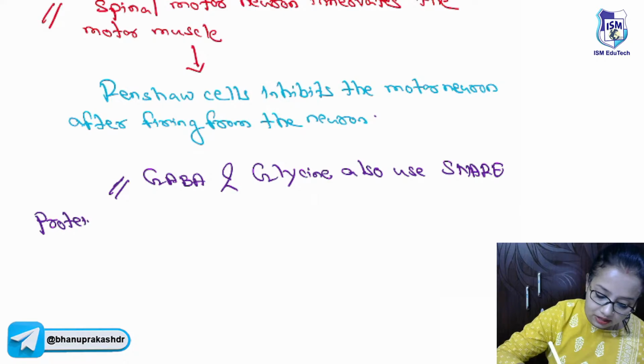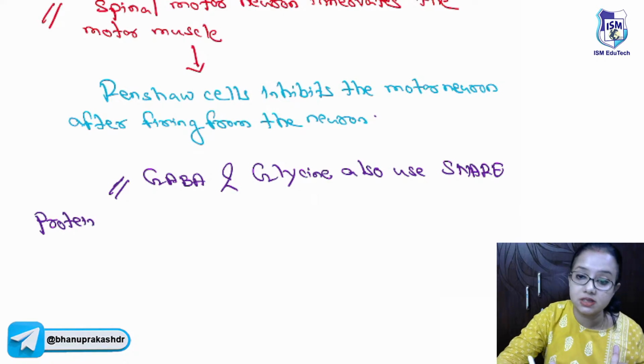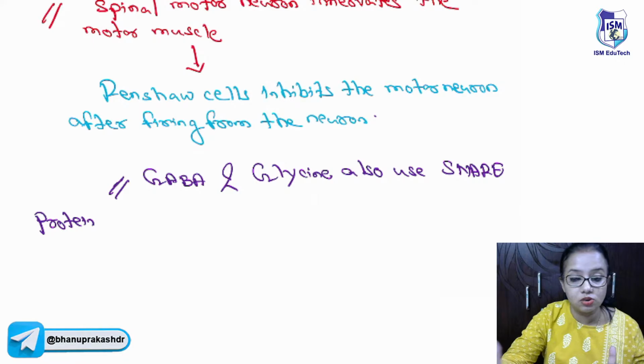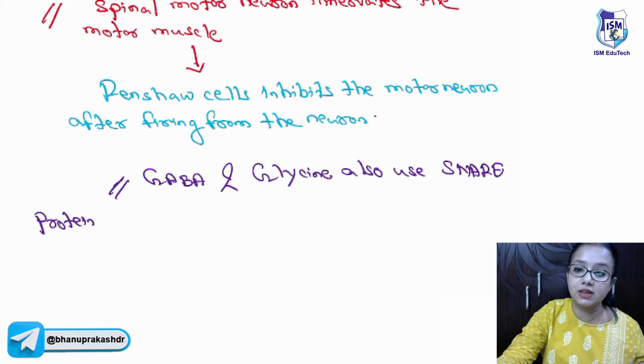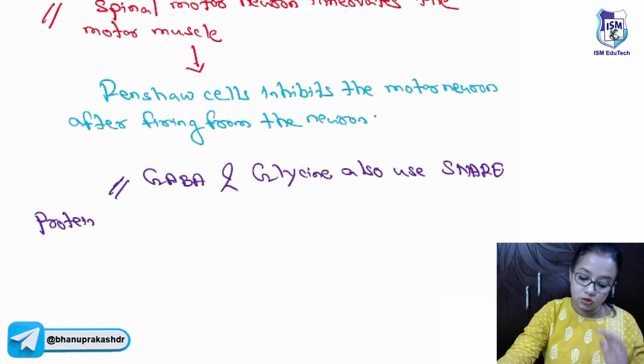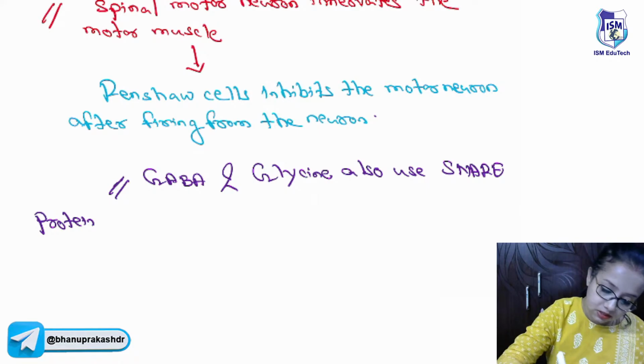Now, GABA and glycine are the inhibitory neurotransmitters. Acetylcholine was the excitatory neurotransmitter. GABA and glycine are inhibitory neurotransmitters. They will always stop the formation of action potential. Okay.